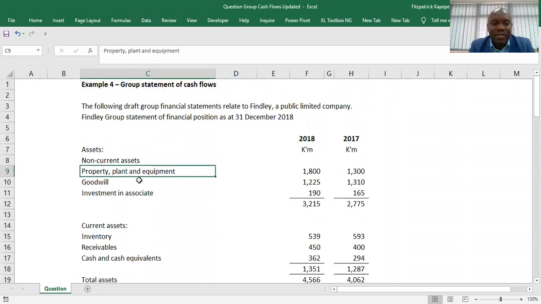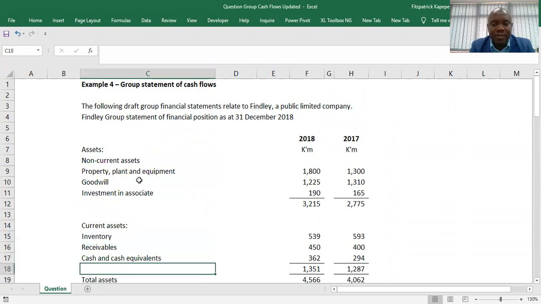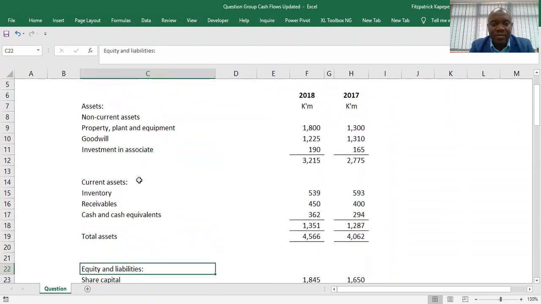So the question reads, the following draft group financial statements relate to Findlay, a public limited company. Findlay Group statement of financial position as at 31st December 2018 are as follows.